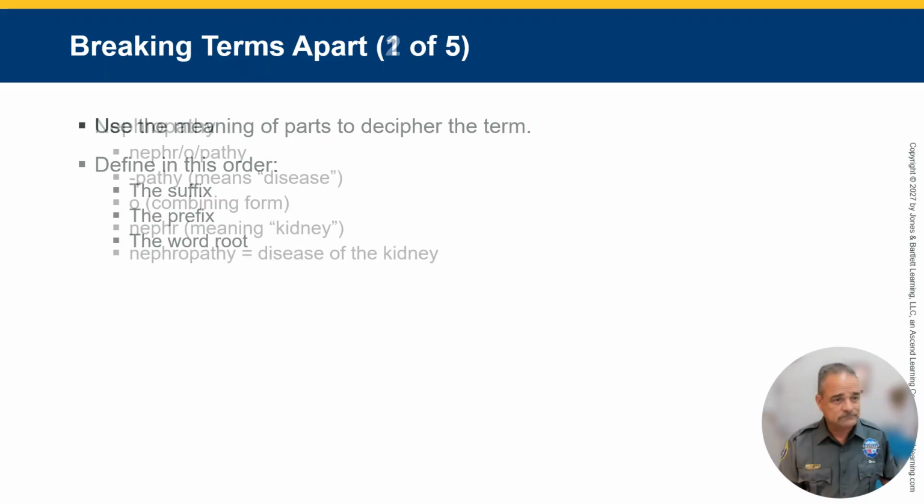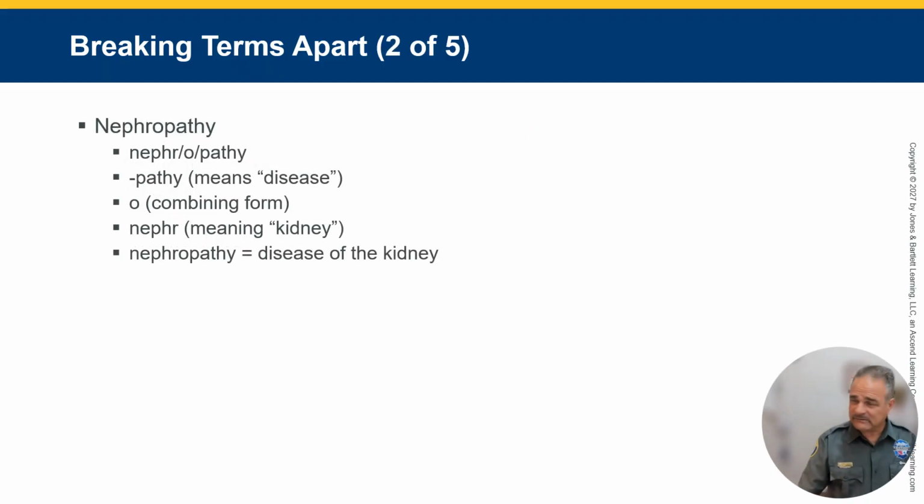All right, so breaking these terms apart. Nephropathy, okay? So, pathy is the suffix. Pathy is the suffix right here. It's at the end, right? The O is what we call the combining form. And then nephr, this word here, is your root word. We're using a combining vowel on this, all right?